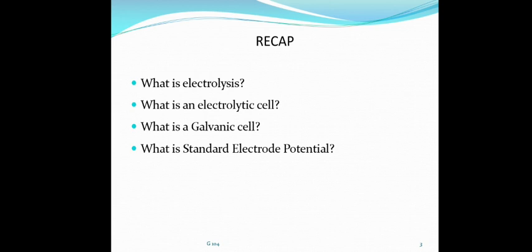That is the tendency of those electrodes. The tendency of an electrode either to lose or gain electrons is called electrode potential. That is the tendency of an electrode to undergo oxidation or reduction. So the electrode potential is also called oxidation potential or reduction potential.